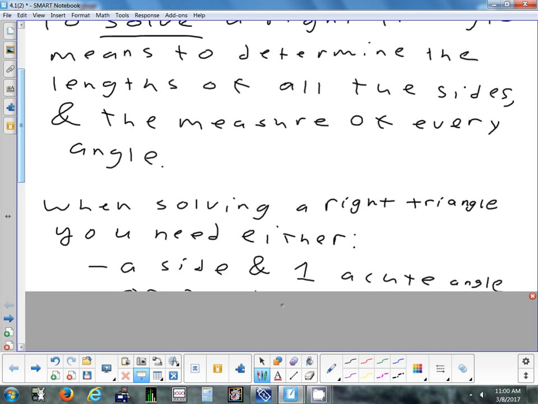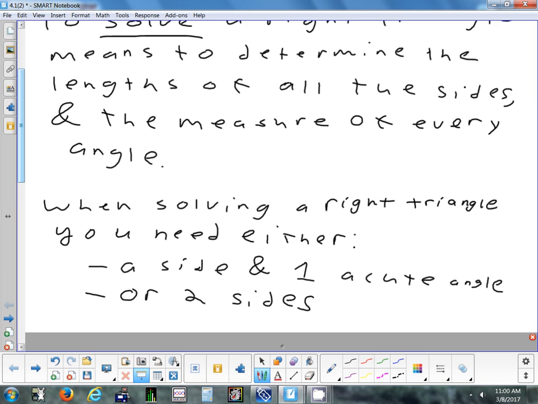Yeah, besides a side and an angle. Not sure? You want to help her out? What do you think they could give you besides a side and an angle? Yeah. They could give you 2 sides. Okay? Either way, you can solve the problem.